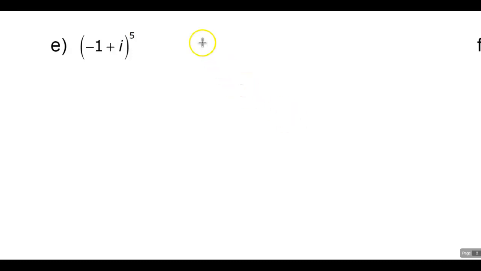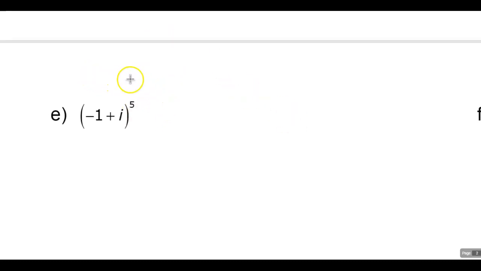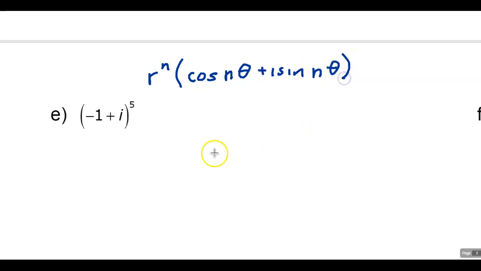So the rule there was you do r to the n power, and it'd be cosine n times theta, plus i sine n times theta. So I need to rewrite this in our trigonometric form and then convert it this way.